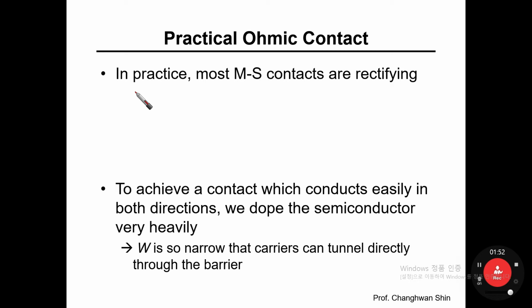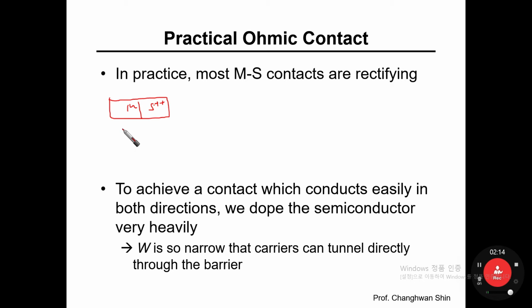We can dope the semiconductor very heavily. So in an MS diode, if the semiconductor part is very heavily doped, we can make sure that this MS contact becomes an ohmic contact.